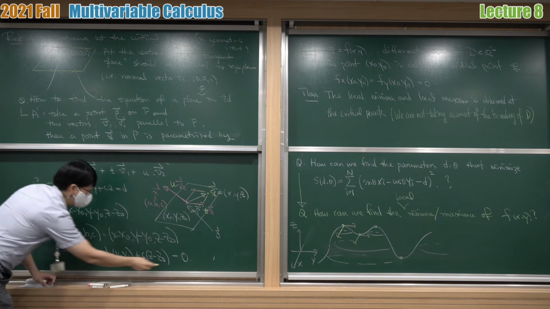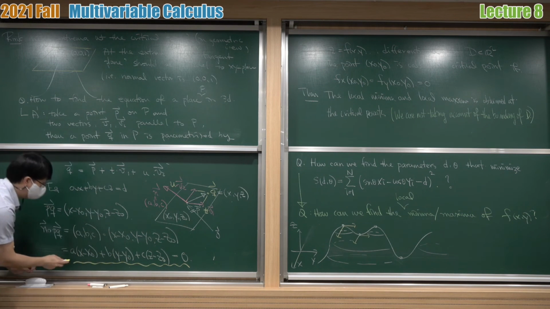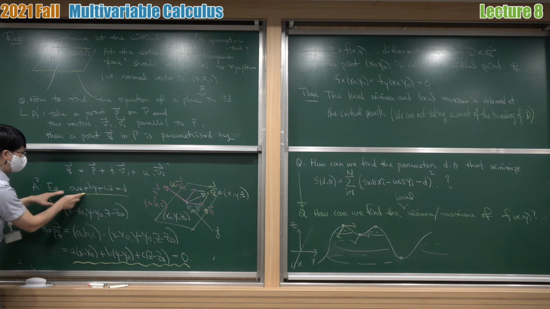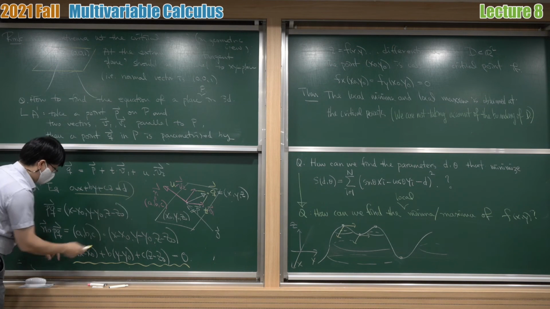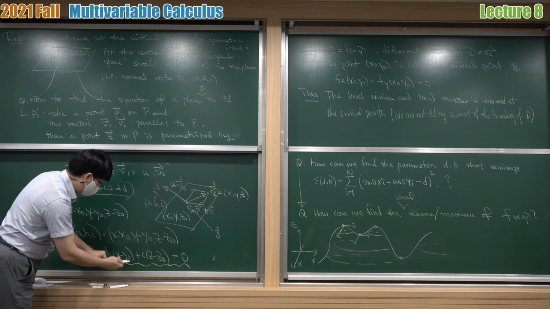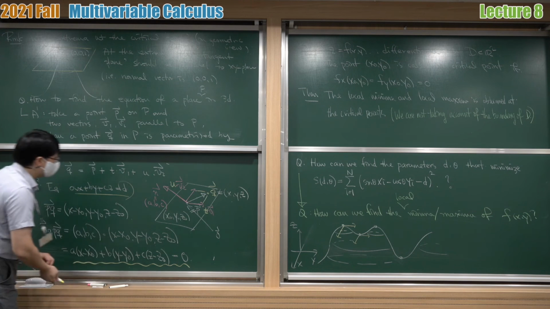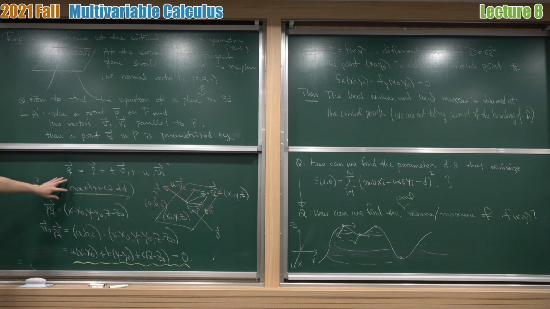So you can modify this equation by taking d as a x0 plus b y0 plus c z0. It's another way to express the plane.